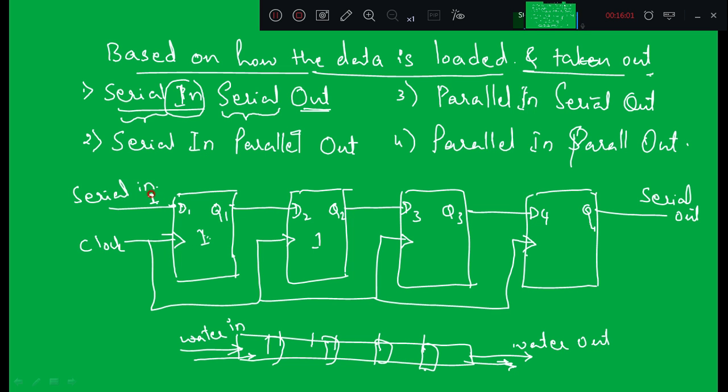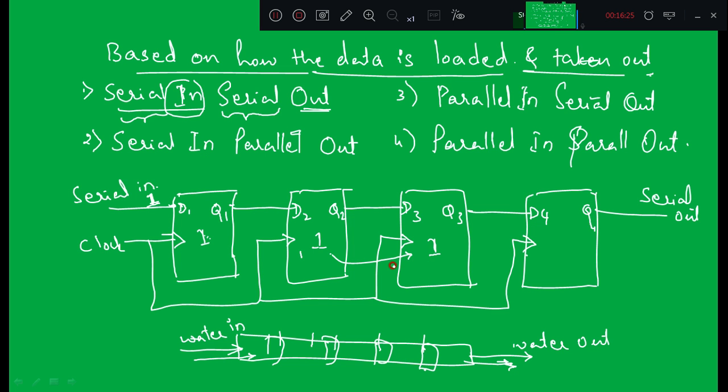So here initially D1 is kept 1. What happens after giving the first clock pulse? That 1 will be loaded in the first flip-flop, right? So when I give the second control input, that 1 will shift towards right and be loaded in the second flip-flop. When I give the third control input, this one will shift towards right and get loaded into the third flip-flop.